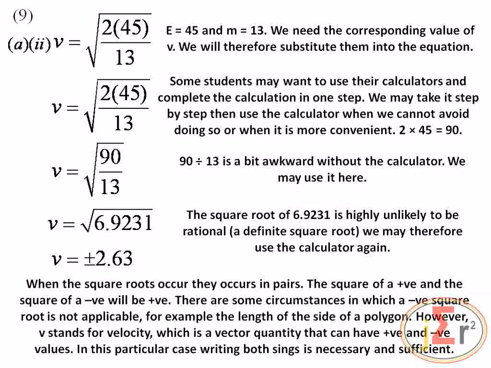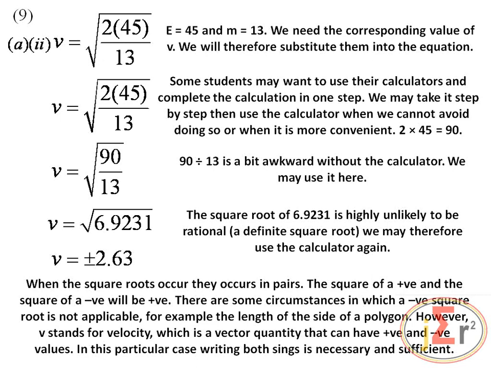So in this particular case, when we find the square root of 6.9231, we get 2.63. We need to be reminded that when the square root occurs, it occurs in pairs. Therefore, we will have two square roots of equal size but different in sign, because when we square a negative, the answer is positive, and when we square a positive, no doubt the answer is positive.